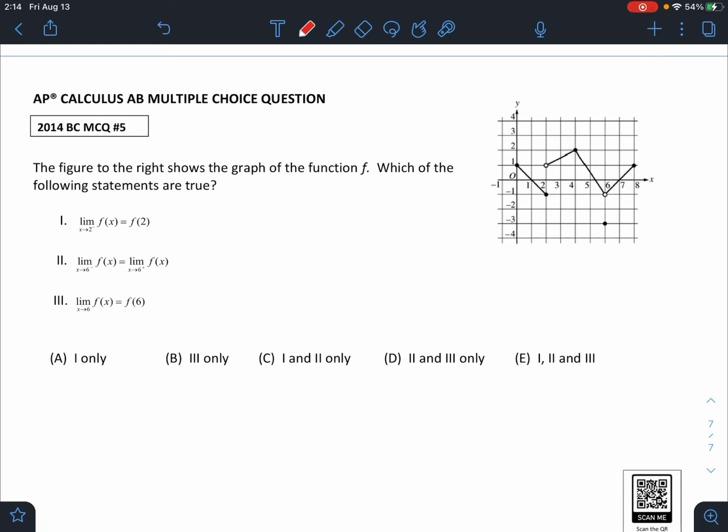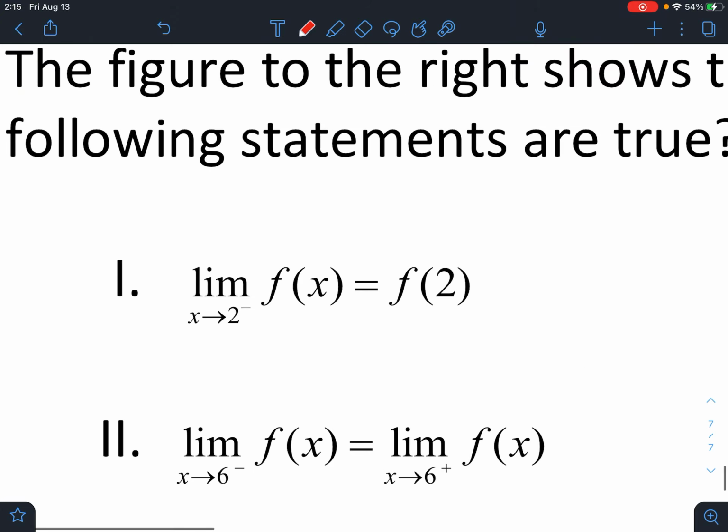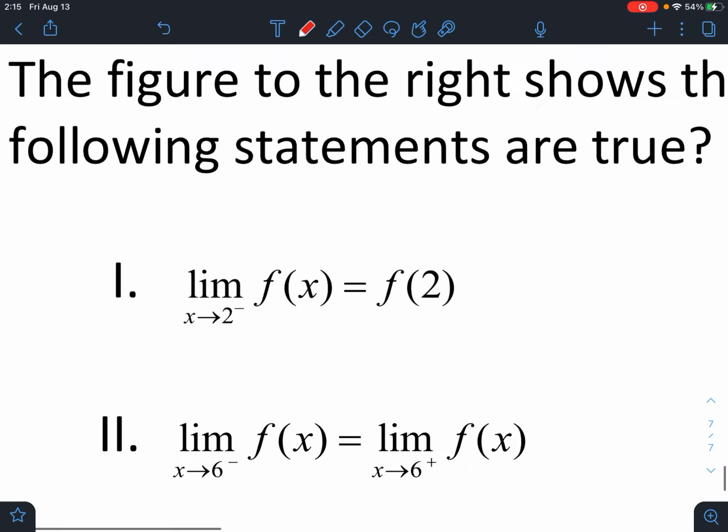All right, lastly, we have an old AP question. The figure to the right shows the graph of the function f. Which of the following statements are true? So the first one says the limit as x approaches 2 from the left side of the function and the value of y at 2 are the same.